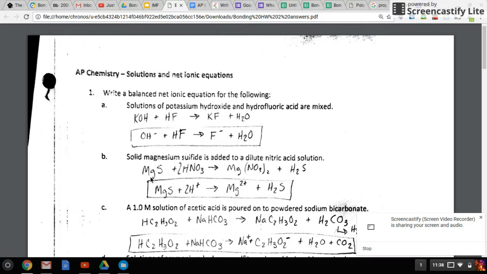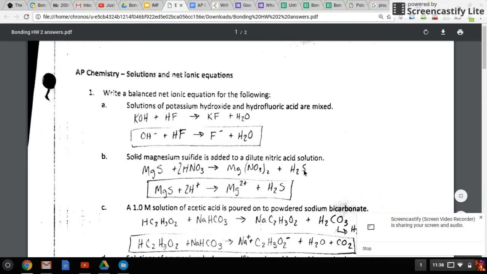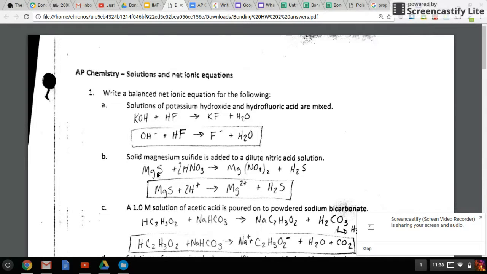We did not split up magnesium sulfide because in the problem it says it's a solid. It will react, but at the beginning, because we're showing what's there at the beginning of the reaction and what's there at the end, we cannot show magnesium sulfide as ions because it's a solid right now. It will dissolve in the nitric acid and will react, but at the beginning it is a solid.